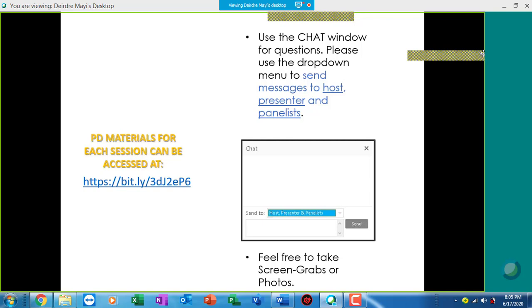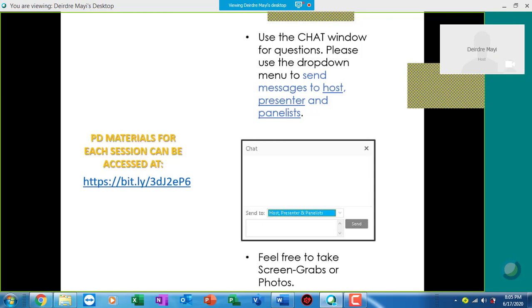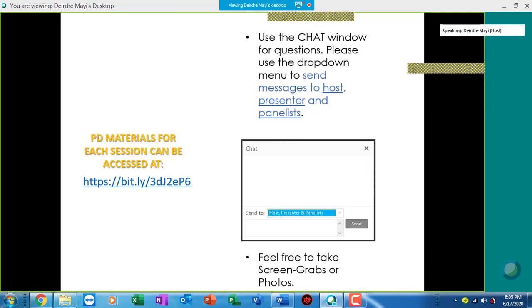If you look on my screen, on the left side, you will see a bit.ly URL. If you access that bit.ly URL, there are some materials there that we think will be very, very helpful. Now, if you don't have the chance to take down this bit.ly URL right now, please don't worry. We will be sharing this bit.ly URL again. But if possible, please either write it down or take a picture of it.